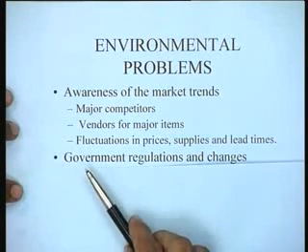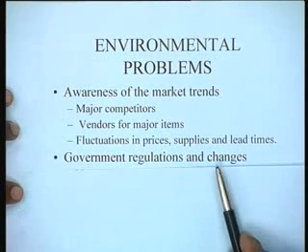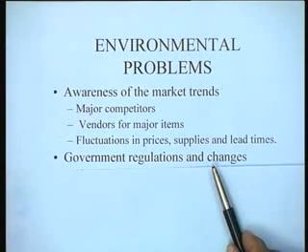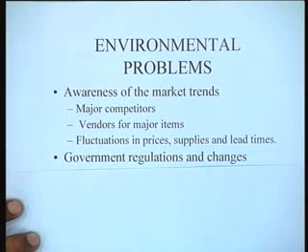Another thing that can take place is government regulations and changes. There could be, on the part of the government, new legislation, new kinds of rules and regulations which might affect your working, right? For instance, if you are setting up a car factory with certain kinds of requirements, maybe in view of the stringent environmental laws that are being propagated, you cannot insulate yourself from that kind of requirement.